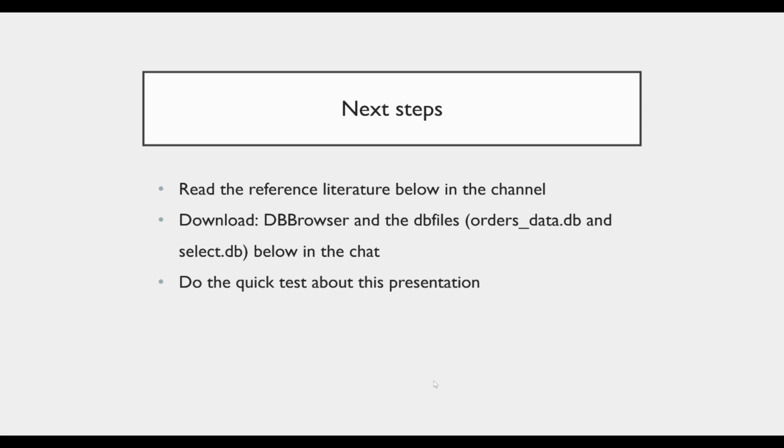One is orders.db and the other is select.db. The orders.db is the database itself with all the data that we're going to use for queries. And the select.db is just a query file with select queries that we are going to use for reading the data in the database.